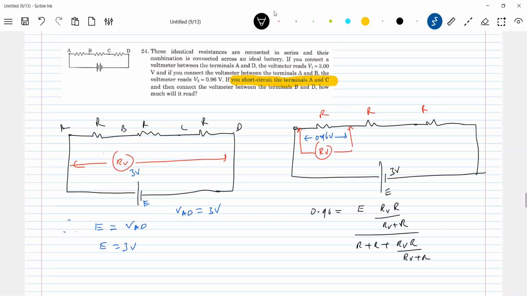Okay, fine. So here I think we'll get a relation between RV and R, no? We need one more equation.